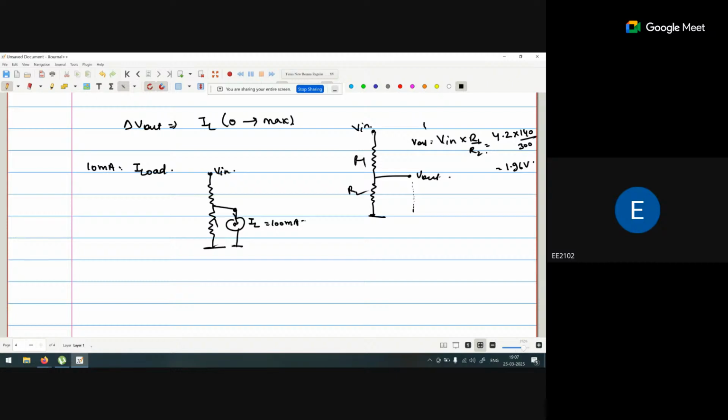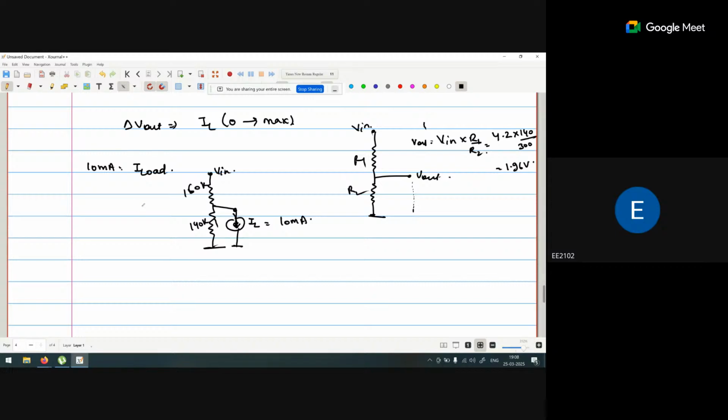The second case: what will happen if a 10 milliampere current is there? It is 160K and 150K. So what is the drop across this particular resistor?